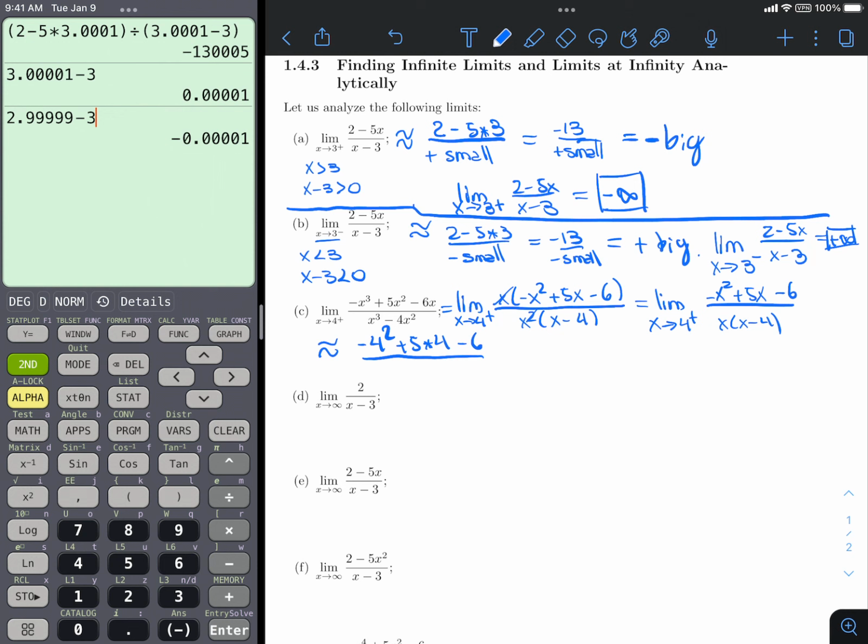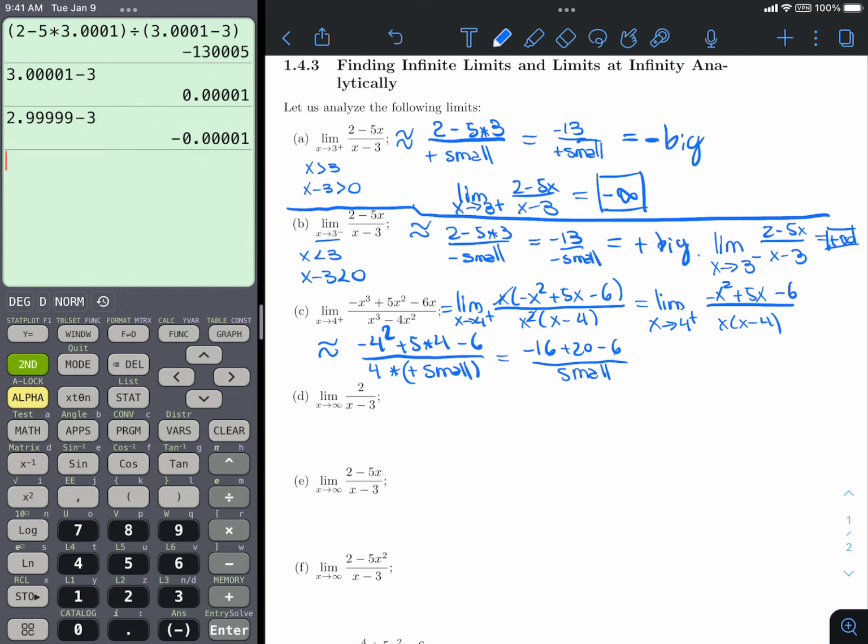The bottom will be 4 times x minus 4, which will be very small because x is approximately 4, but x is bigger than 4. So this is going to be something positive small, right? On top, minus 16 plus 20 minus 6. 4 times something small is still small, like 0.001.